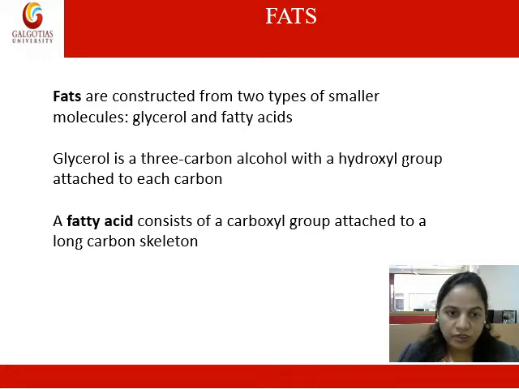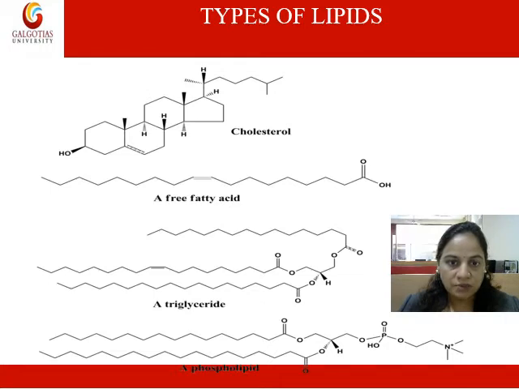I'll be showing you the diagram related to these lipid molecules. Like I showed you in the steroid diagram in the previous slide, I'll be discussing it here in detail. This is the cholesterol composition. This is a free fatty acid chain.